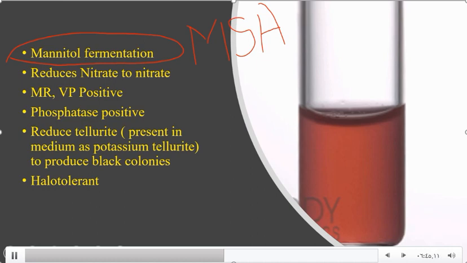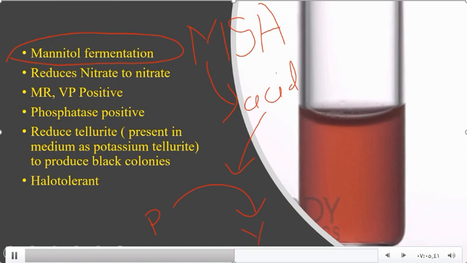What happens is that the mannitol will be converted into acid, and after there is acid production, the phenol red indicator will change its color from pink or red-pink to golden yellow.